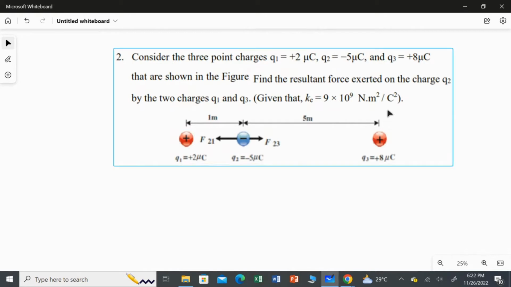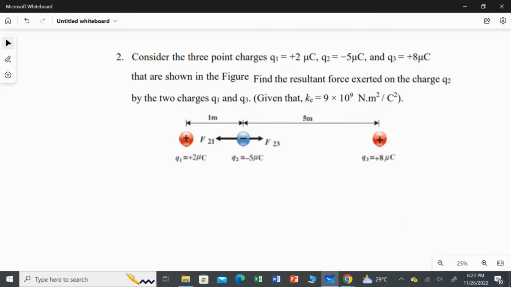First, I am going to find the interaction force of charge 2 on 1, and then I'm going to calculate the interaction force between charge 2 and 3, and then I'm going to find the resultant force. Clear? Okay, let's apply Coulomb's law for Q1 and Q2.